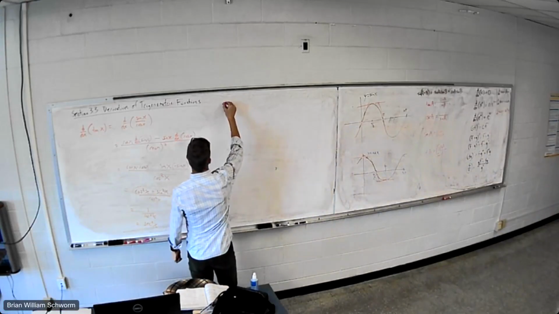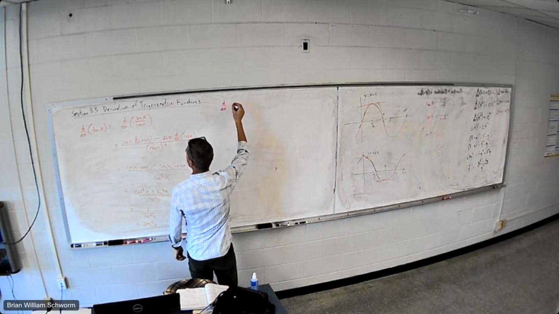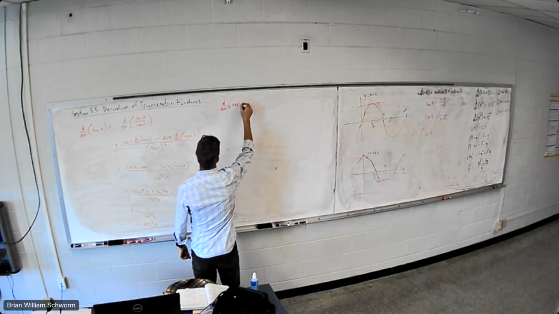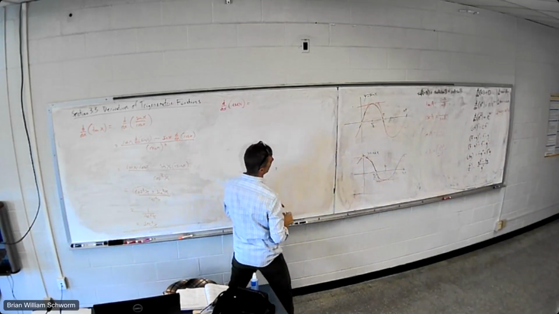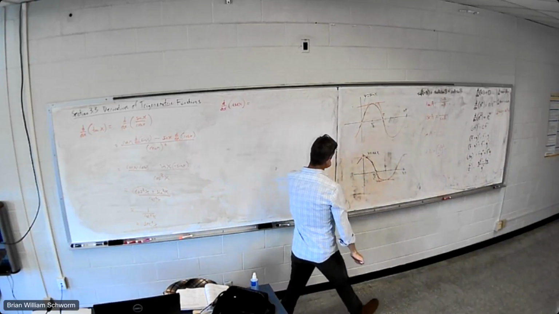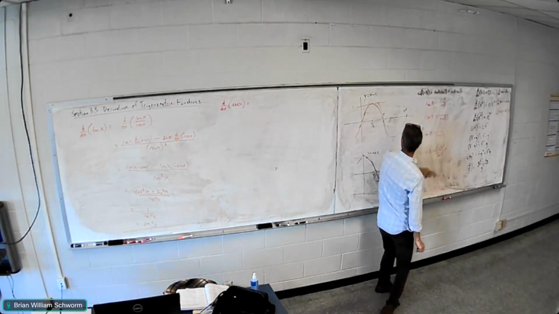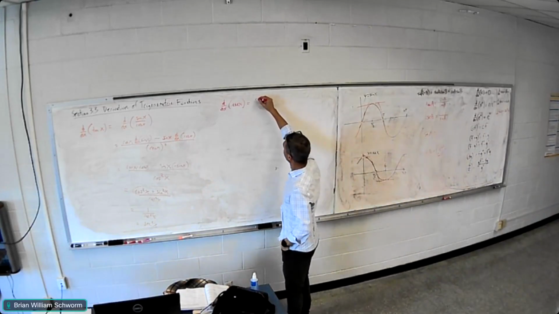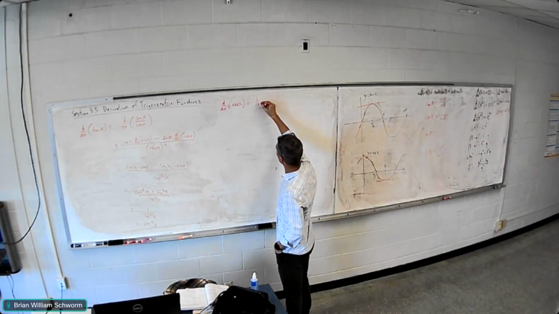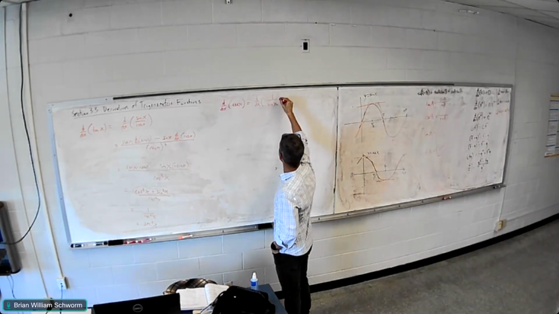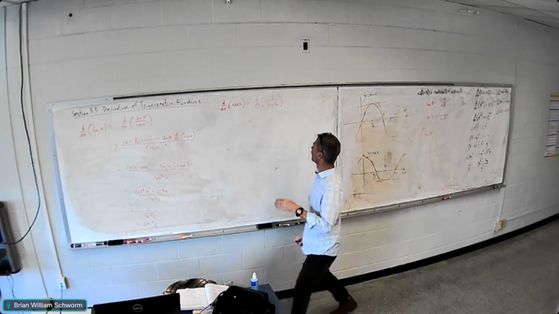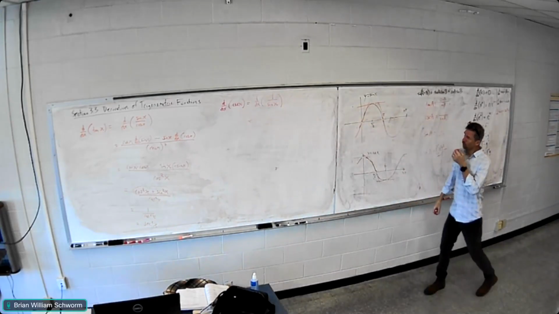Derivative of cosecant. Cosecant can be rewritten as 1 over sine. So the derivative of cosecant is the same as the derivative of 1 over sine. And I could use the quotient rule again.